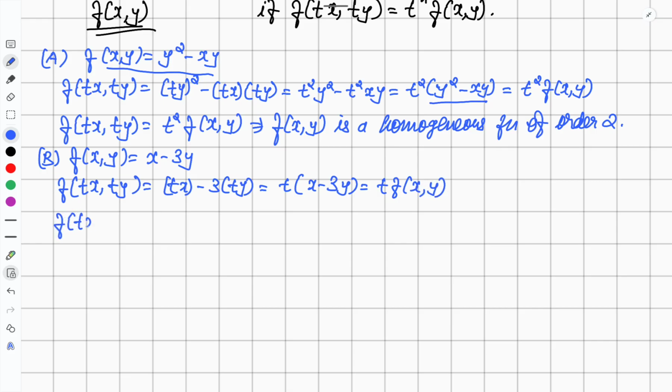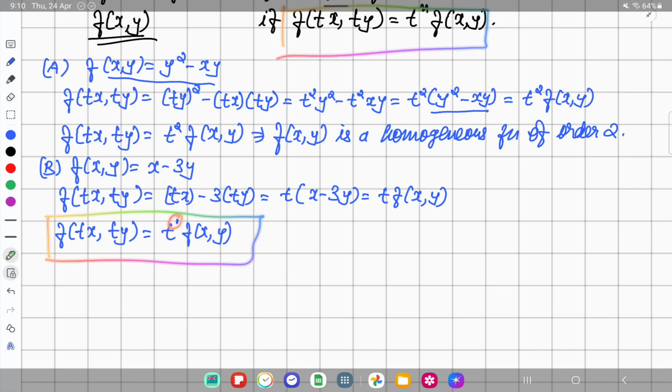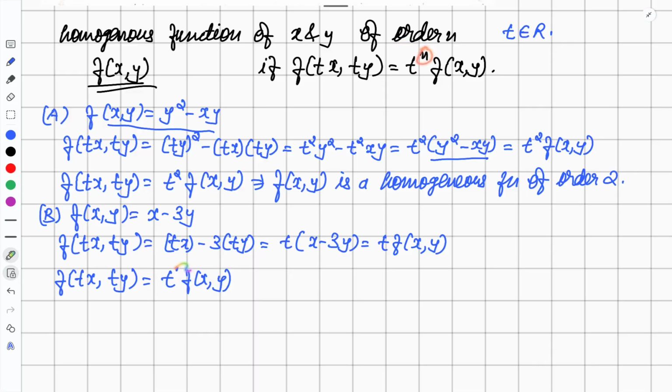So we can write f(tx, ty) as t into f(x, y), and this is just t to the power 1, so you'll see that this form is the same as this one with n equal to 1. So we'll write that this is a homogeneous function of order 1.